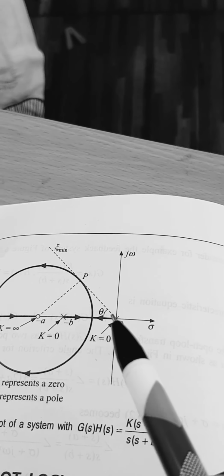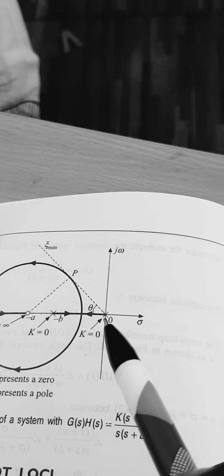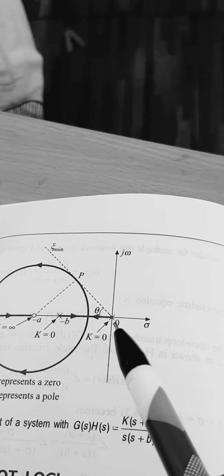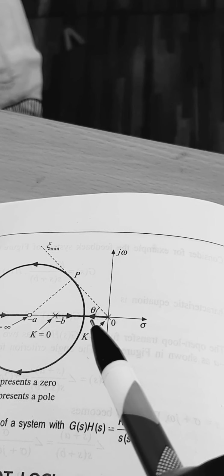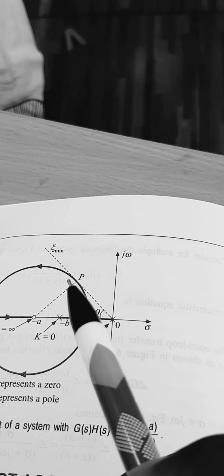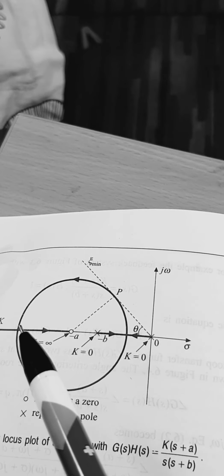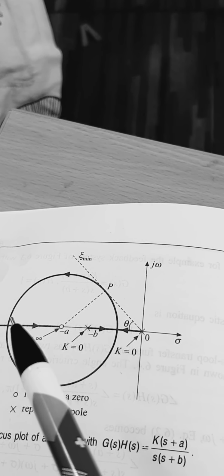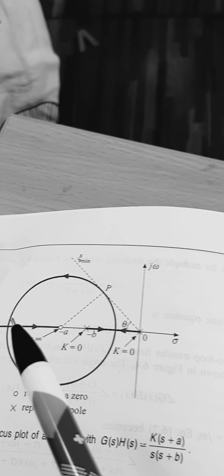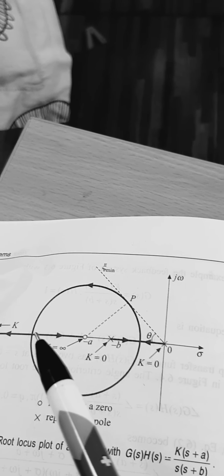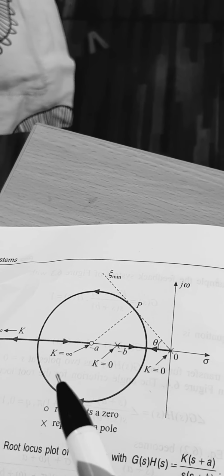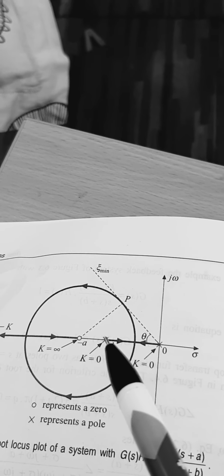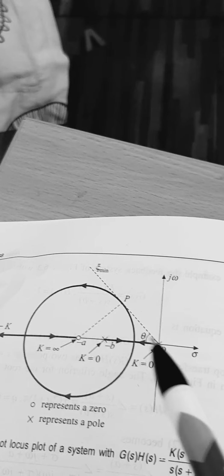But for another, the root locus branch starts from the next pole, but there is no specific zero to terminate it. In that condition, as per the rules, it will go to the zeros at infinity. So we start from 2 poles.